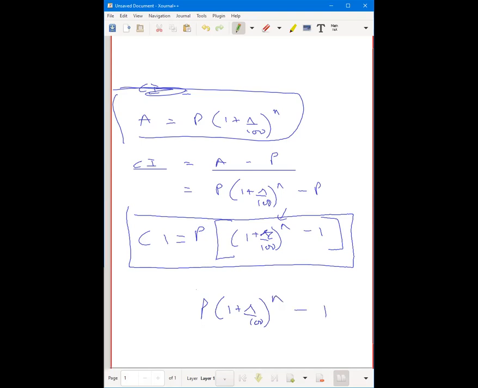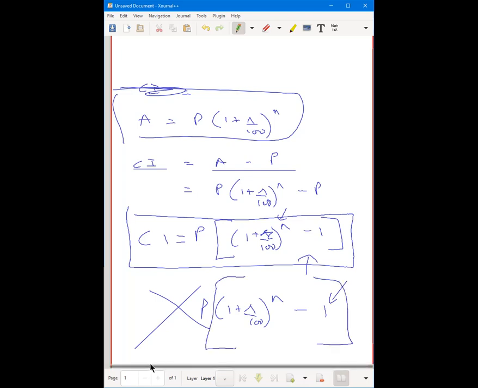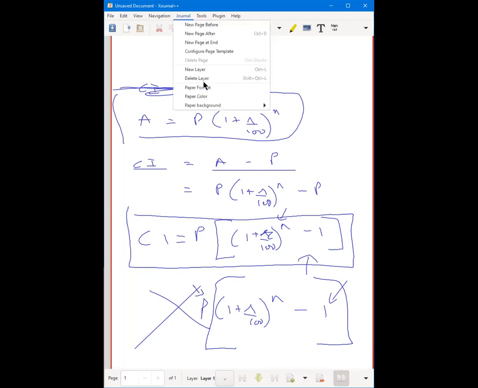This is wrong. This is why I discourage using this formula, because a lot of times I've seen that you use this in the exam. This is wrong. There is a big bracket here. Just remember this in case you want to use this one. Otherwise, stick to the normal, easier and simpler methods with a minimum of formulas to be learned.